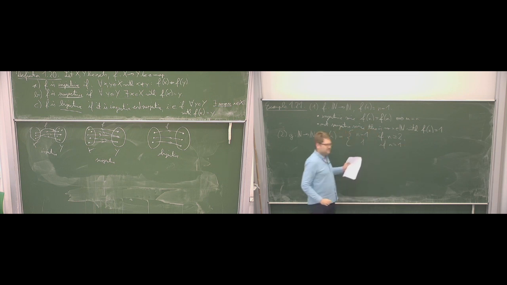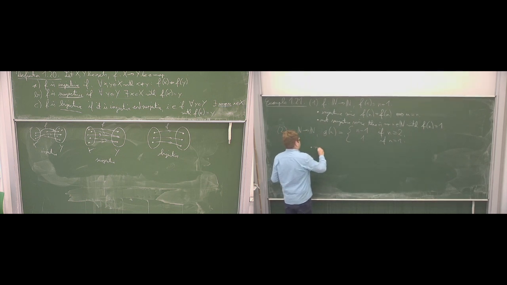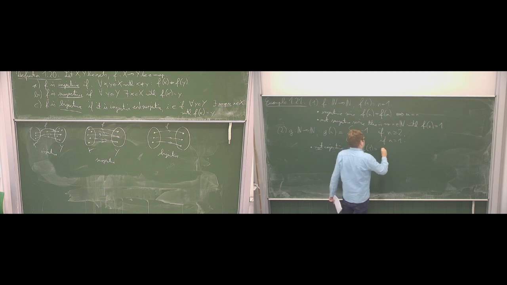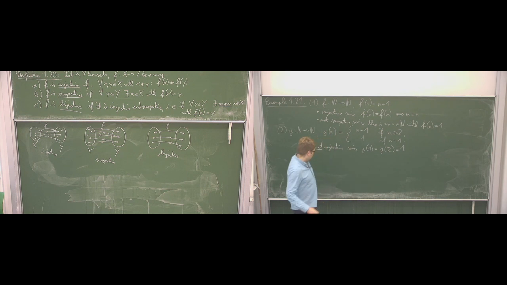This is well defined, since every number in N fits into a unique one of these cases. So everything is fine here. This is not injective, because here we really have two distinct points mapped onto the same thing. Namely, g of 1 is the same as g of 2. Both are mapped onto 1, so this cannot be injective.